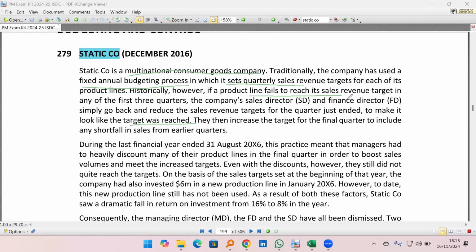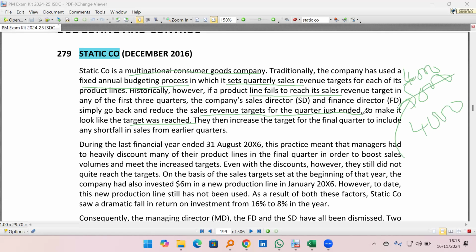Okay, so this is very important. If the product fails to hit the target, then the company will just go and reduce the sales revenue target for the quarter just ended. So, for example, if the target was 5,000 and they hit 4,000, they would go backwards and cross this one to 4,000, so that it looks like they have reached the target.